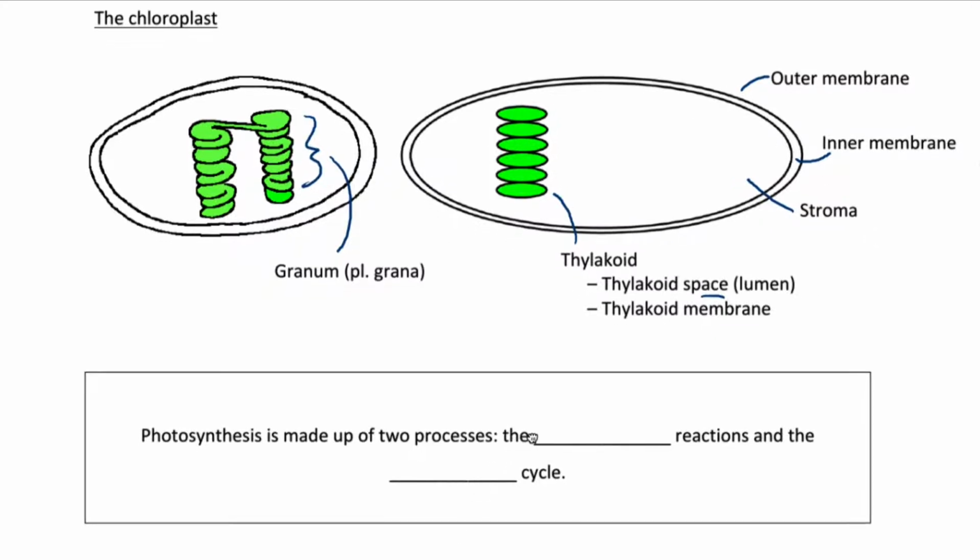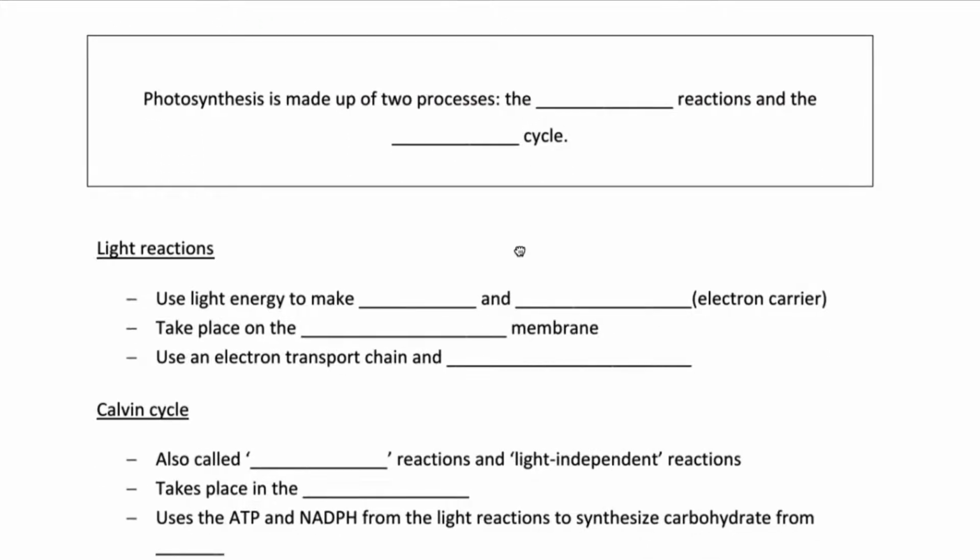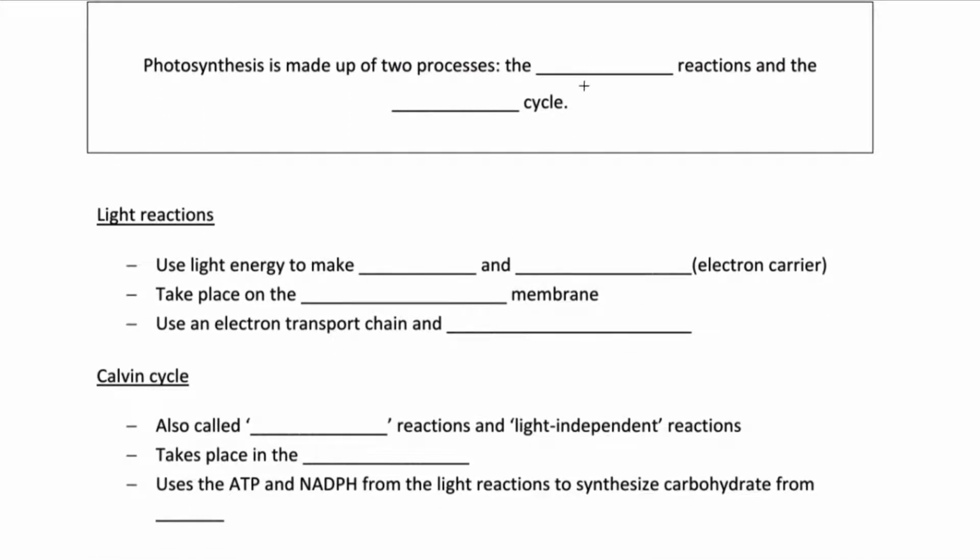Now, photosynthesis is made up of two overall processes. The first being the light reactions, which capture light energy and convert it into chemical potential energy, and the second being the Calvin cycle that uses that stored chemical potential energy to build more complex carbon compounds, organic compounds, out of carbon dioxide.